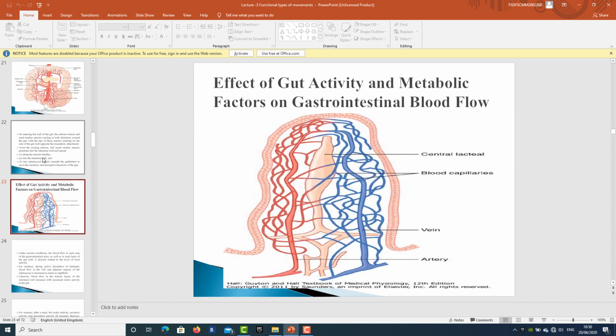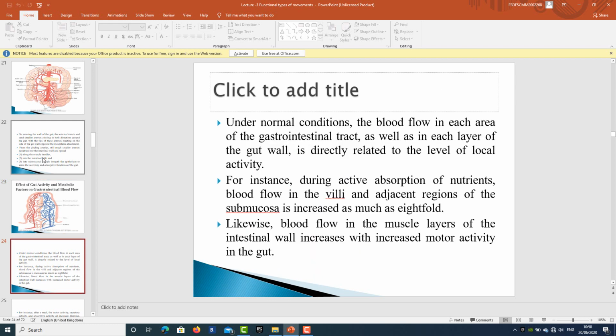See, the effect of gut activity and metabolic factors on gastrointestinal blood flow. Under normal conditions, the blood flow in each area of the gastrointestinal tract as well as in each layer of the gut wall is directly related to the level of local activity.